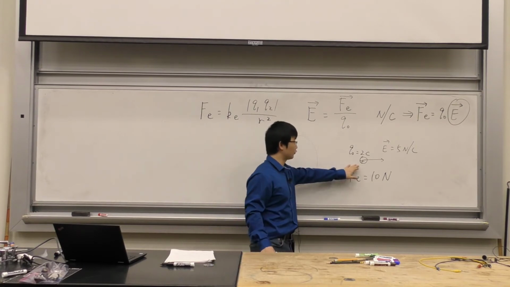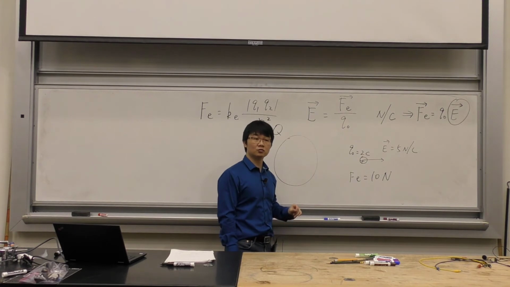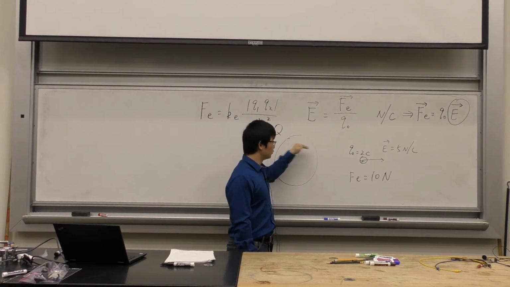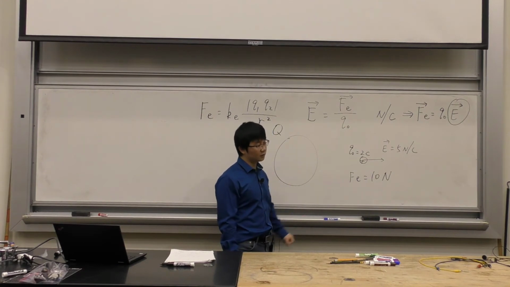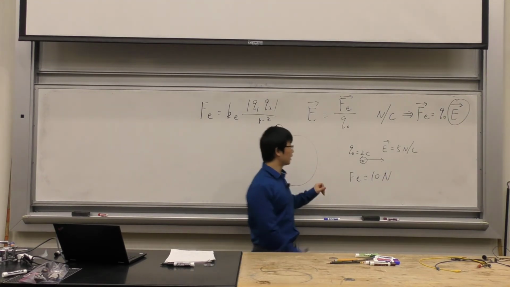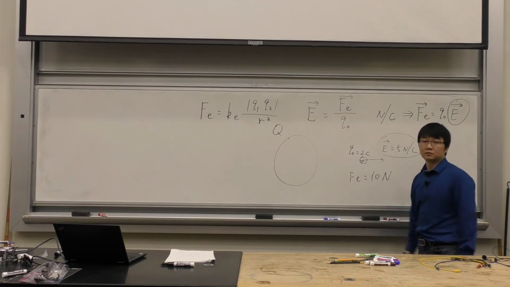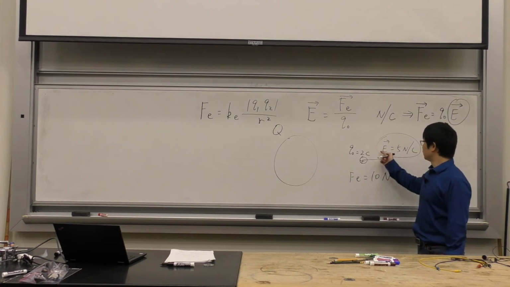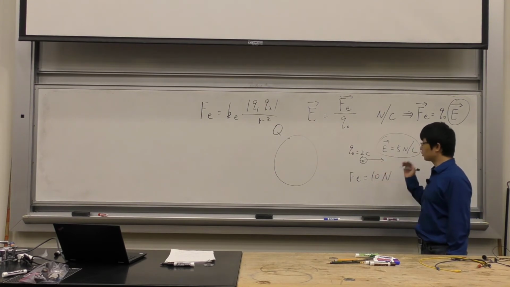Imagine this electric field is created by 1,000 charges. If you want to use Coulomb's law, you're going to break 1,000 vectors into components, then combine the components, and then do trig again to find the net force. But if you can find the electric field, 5 newtons per coulomb, or someone did that for you, and you want to find the force when you bring a 2 coulomb charge, multiply them together.